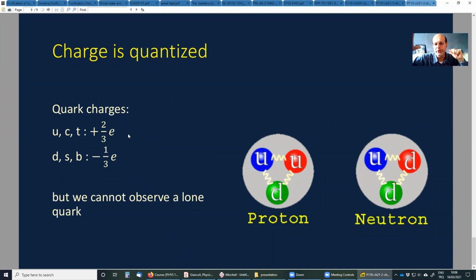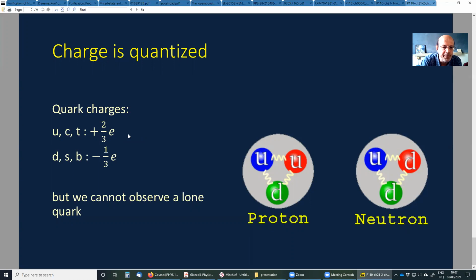You can only observe 3 quarks in the same place, within a proton or a neutron or some other hadron. So you can only observe the charge of 3 quarks together, and the charge of 3 quarks is always an integer multiple of e. It's also possible to observe a quark and an anti-quark, so we don't actually violate that rule.